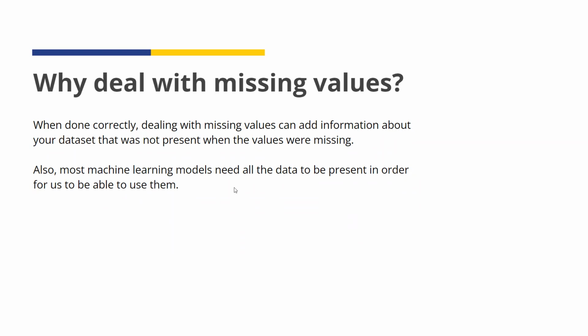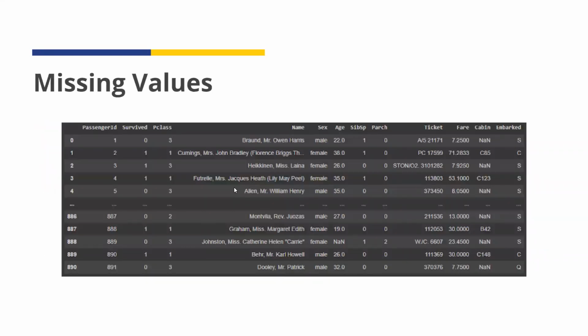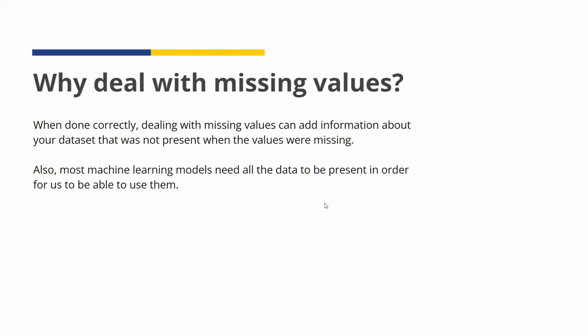For example, if we go back to this table we had here, if we had a model that used the age feature of each of the data points to make a prediction, and it came across this missing value here, it might not work at all. That's obviously not something we want to happen if we're trying to use it to come up with the result, right? So obviously we're going to have to deal with that ahead of time if we don't want to run into these problems.